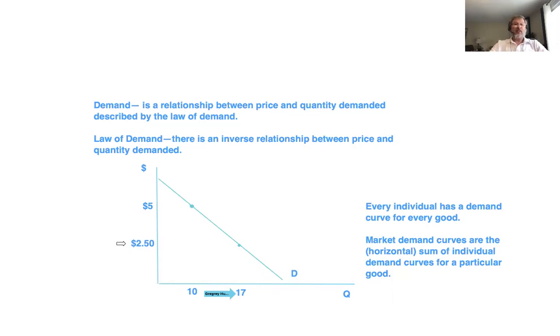At a price of 250, there's the point on the demand curve associated with a quantity demanded of 17. And if we want to be more descriptive, if Frappuccinos are 250, Emily is going to purchase 17 of them. Notice we're reading those values off of the demand curve.